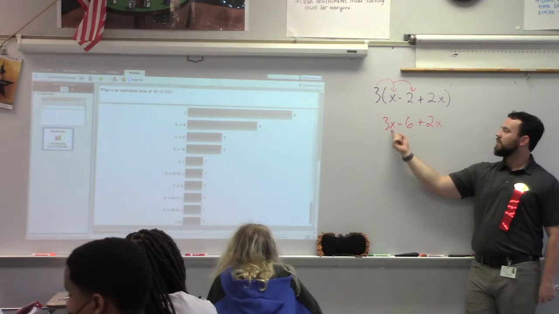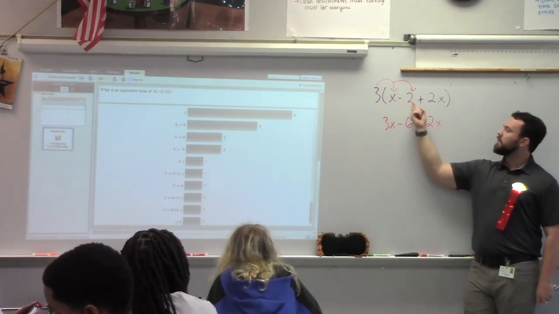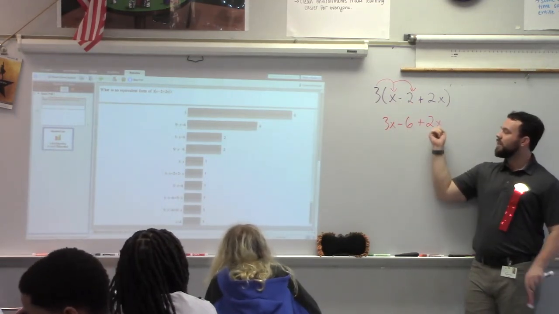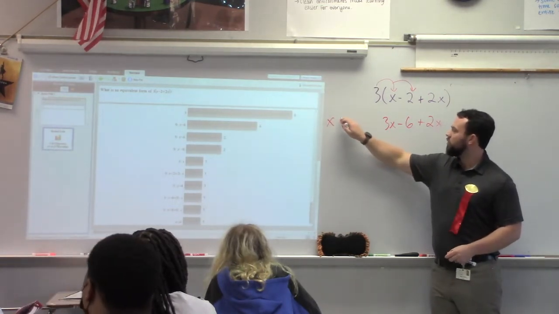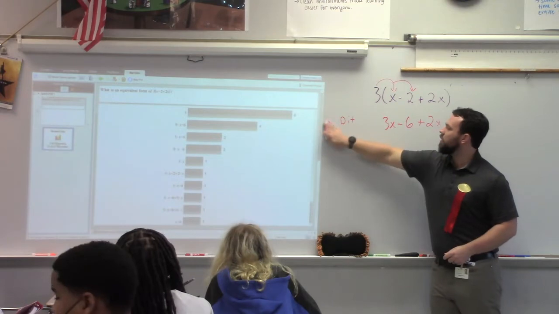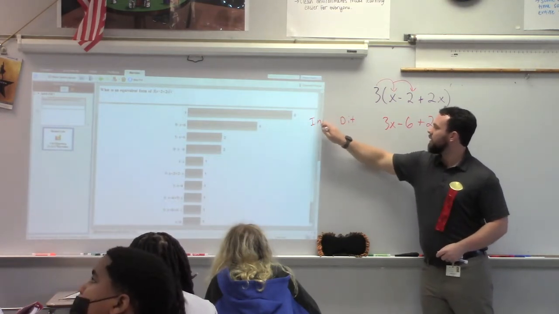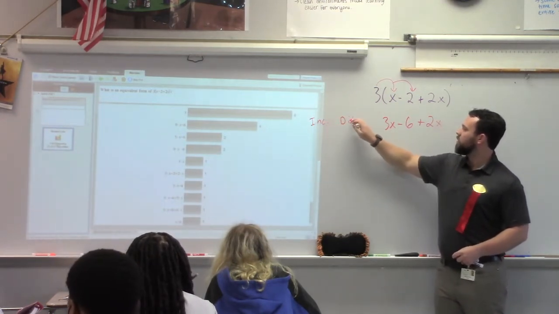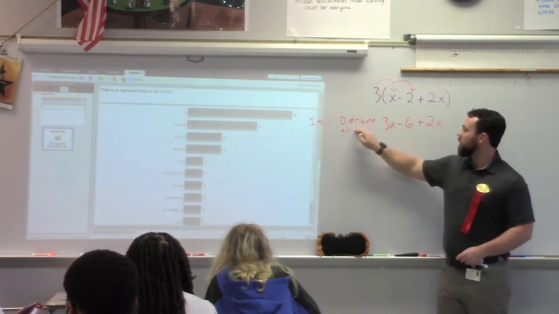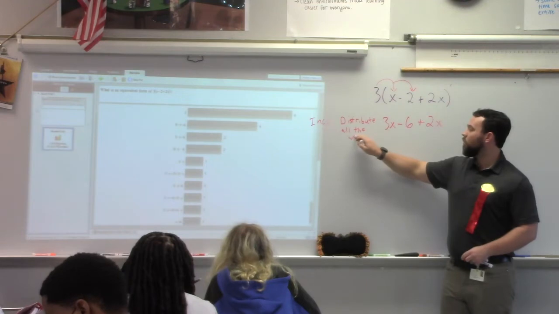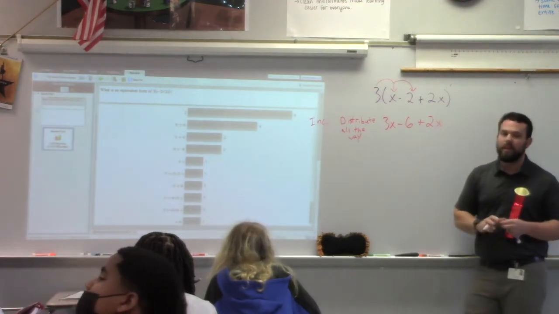So 3 times x is 3x. 3 times negative 2 is negative 6, but we didn't distribute here. So that's wrong. Distribute all the way through. So I'm going to write incorrect. INC for incorrect. Distribute all the way.